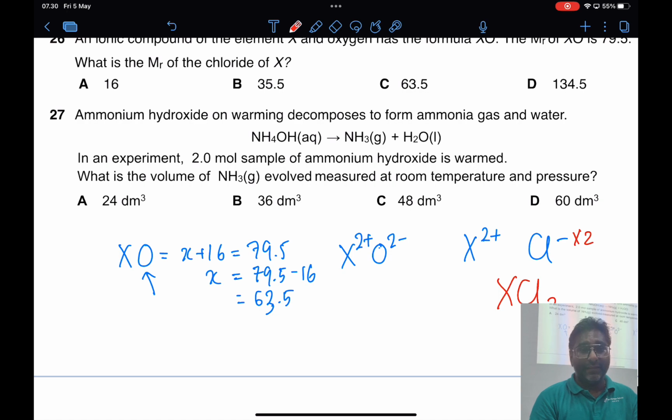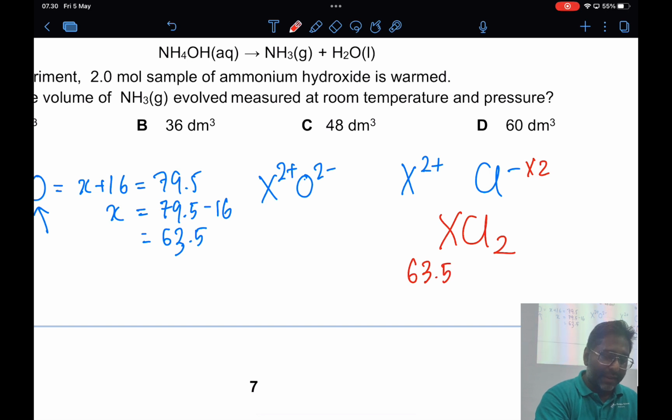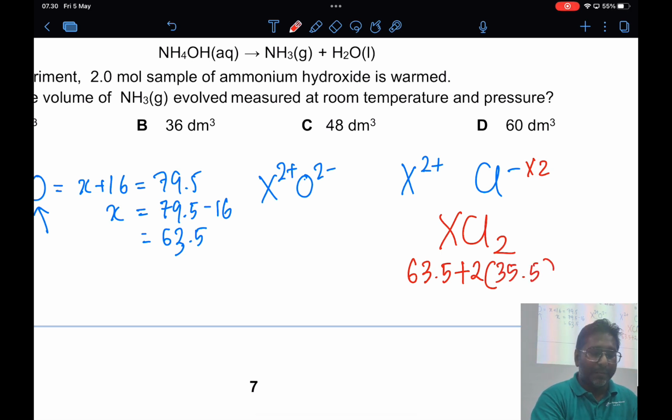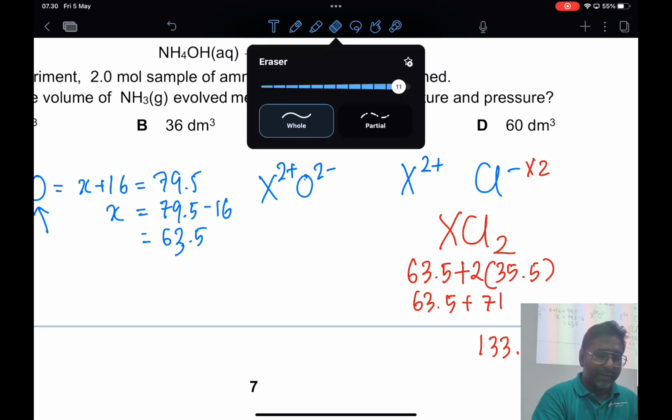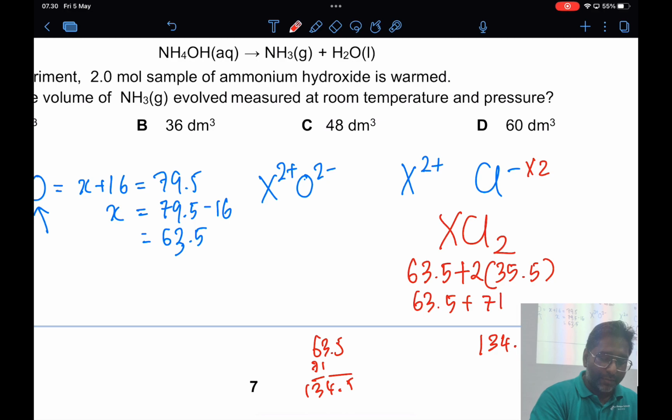Once you have this, they are asking the Mr. The Mr of X you have found out is 63.5, plus Cl2, so 2 times Cl, which is 35.5, that's 71. 63.5 plus 71 is going to give you 134.5.